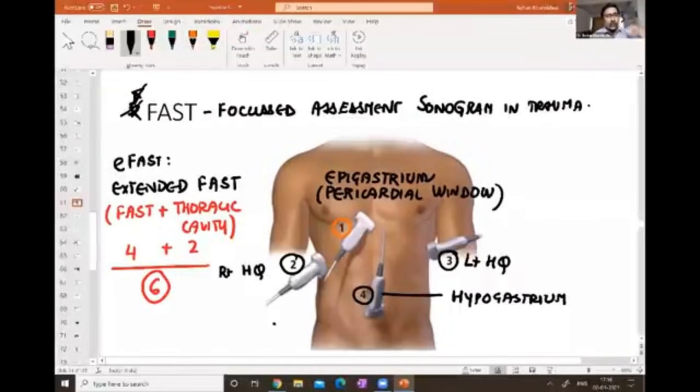You should know the order in which the probe is kept in FAST. Another update is eFAST. eFAST is extended FAST. That is, you keep it in 4 places, plus you assess the thoracic cavity. So in total, the probe is kept at 6 places.